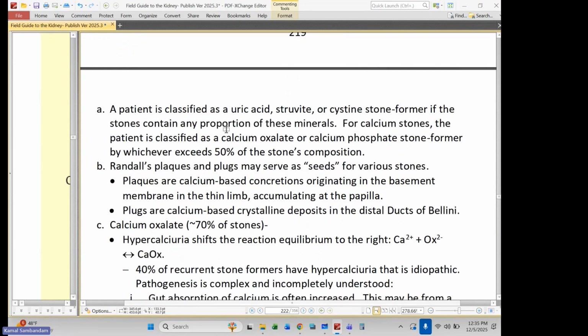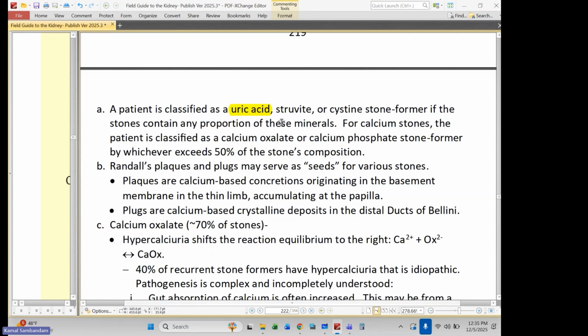Okay, so a patient can be categorized as a specific type of stone former when they have a predominance of a component. Even if you have modest amounts of uric acid in your stone, as long as it's not a trivial amount, I'm often managing them predominantly as a uric acid stone former, right?